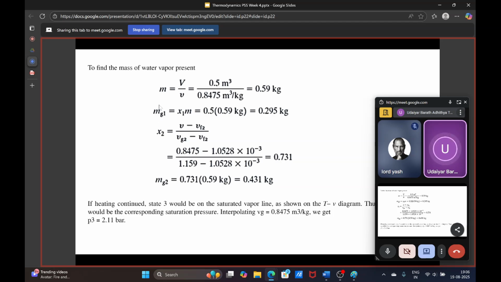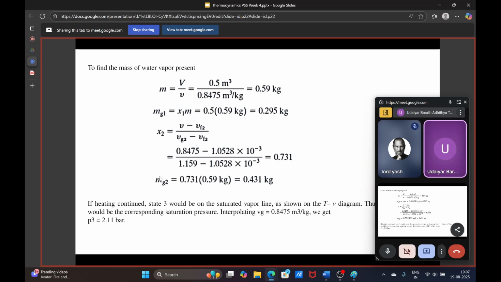The mass of vapor will be the vapor fraction times the total mass, so 0.5 times 0.59 is 0.295 kg. That is the mass of steam present at state 1, initially before heating.